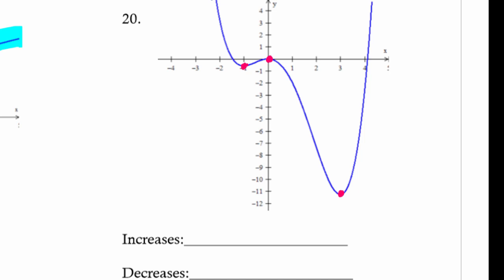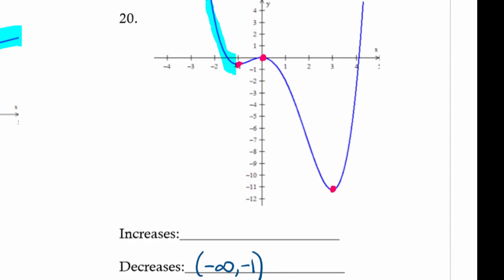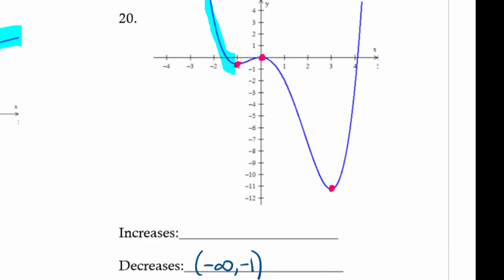So now we've got that the graph first decreases. It goes downhill until it reaches that x equals -1. So from negative infinity to -1, again, remembering that we are using the x value to describe that interval, we have a decreasing function there, right? And then it kind of turns at that little local minimum and it goes uphill.